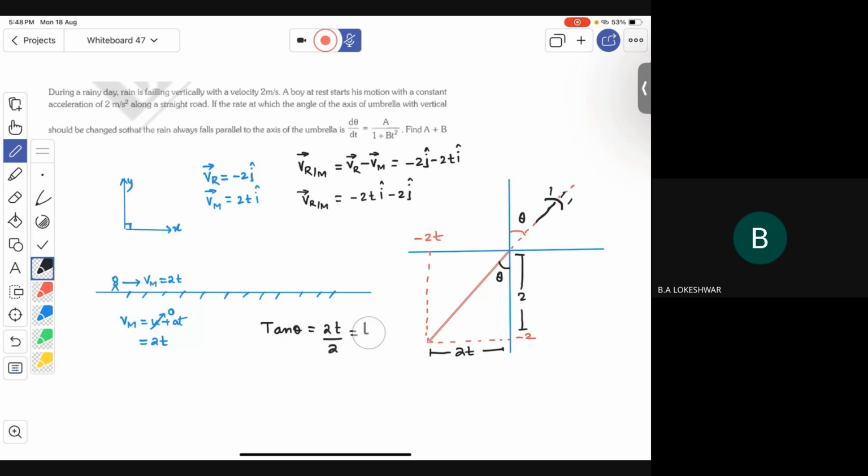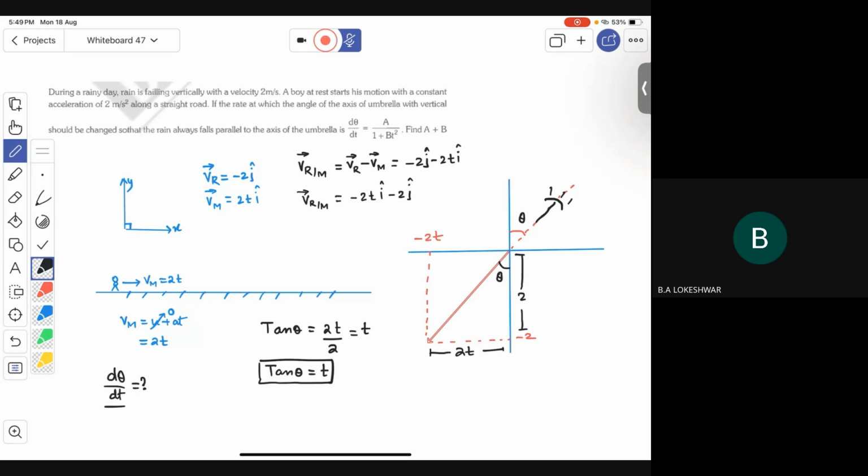So tan theta is equal to t. Now the problem you will face is how to find d theta by dt.